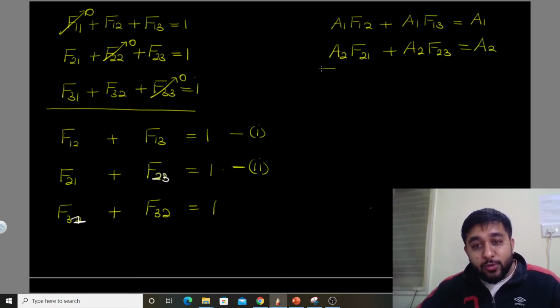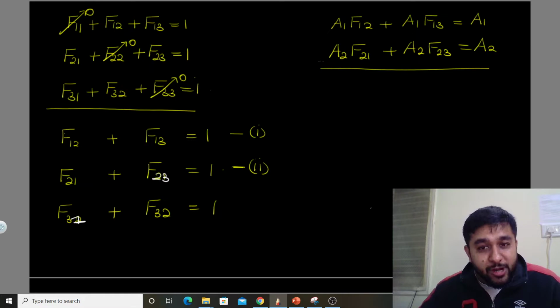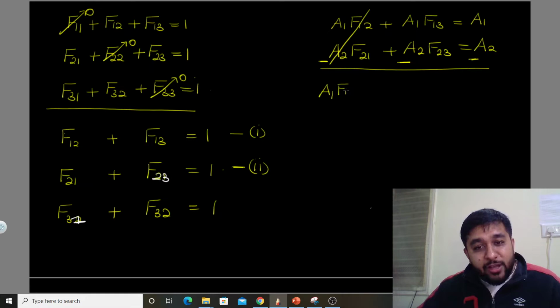Now subtract the two equations. If you subtract the second equation from the first one, A1F12 minus A2F21 cancels out, and here also you will have a negative sign. So you will have A1F13 minus A2F23 is equal to A1 minus A2, right?